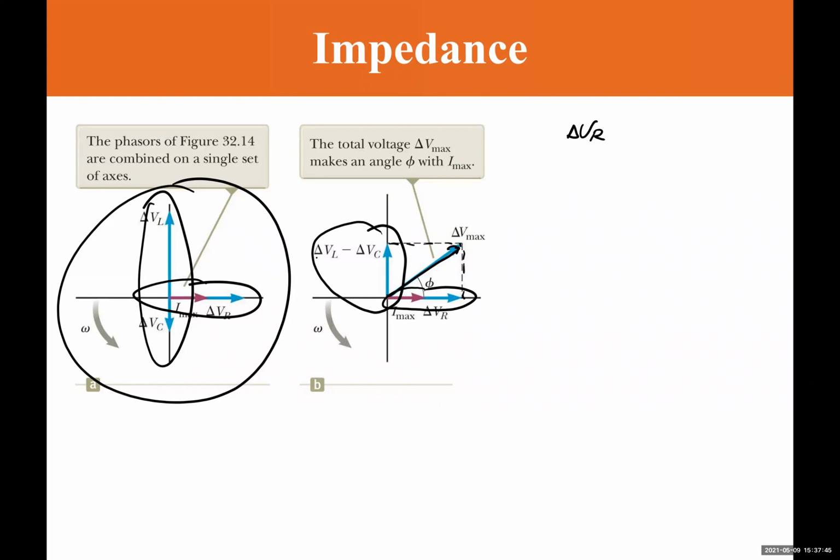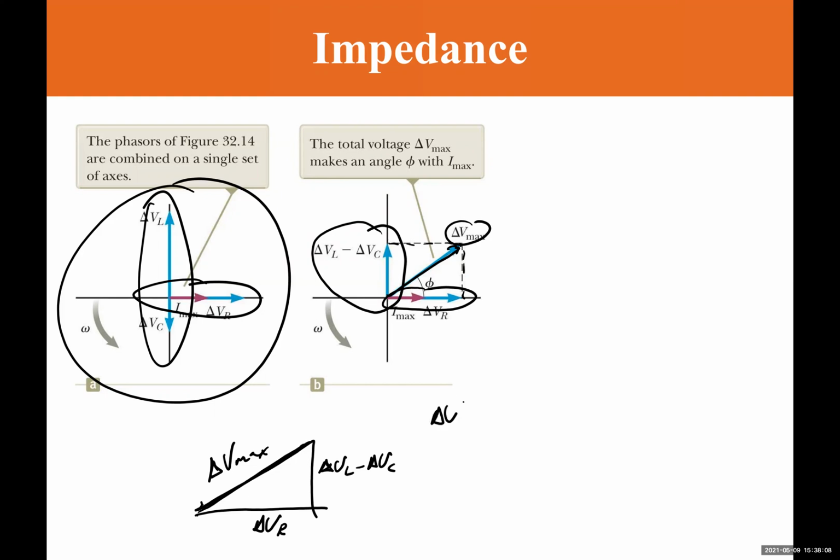So in order to get the delta V max, I can treat this as a triangle, where this is delta VR, this is delta V max, and this will be delta VL minus delta VC. Then to find the side, which is delta V max, I can just use the Pythagorean theorem.